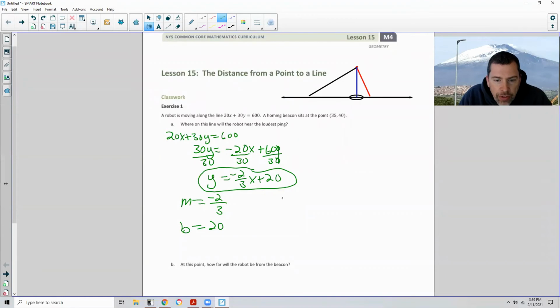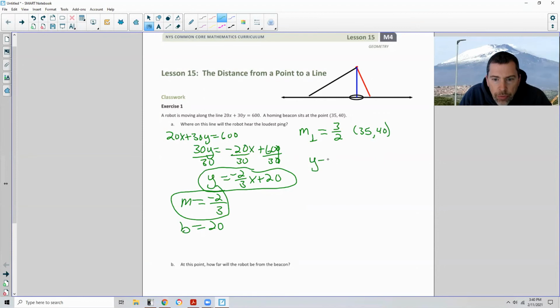So remember that if a line is perpendicular, then the slope of the perpendicular is going to be the negative reciprocal of the original line. So I'm going to flip that over, 3/2, and it's not negative anymore, it's positive. So I know the slope of the perpendicular is 3/2, and I have a point, 35, 40. That is a point, that is the slope.